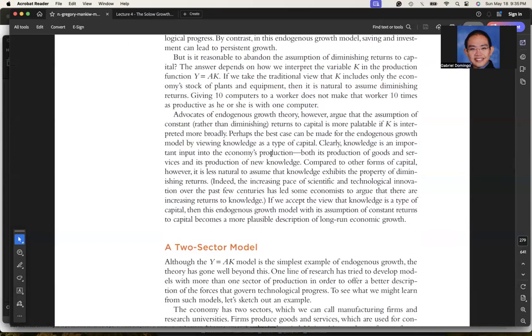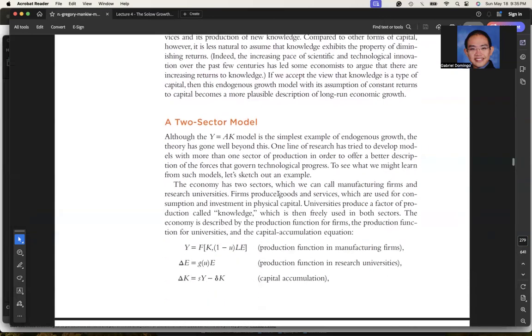Okay. There are other complications, more involved versions of the endogenous growth theory, such as this two-sector model here. You don't have to really read through this because the details of which will not appear in the final. However, these sets of equations here will give you the same concept as the simpler endogenous growth model, in that there is no longer a diminishing return to capital, which is the key difference.